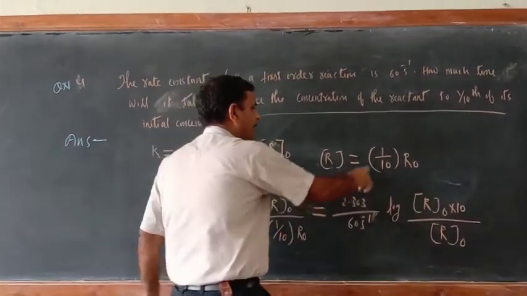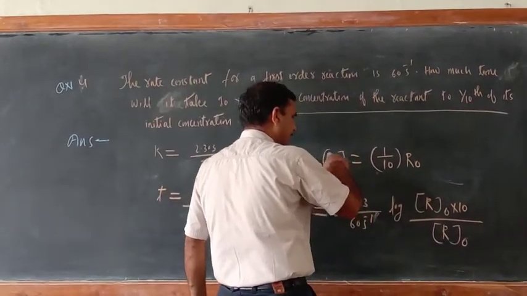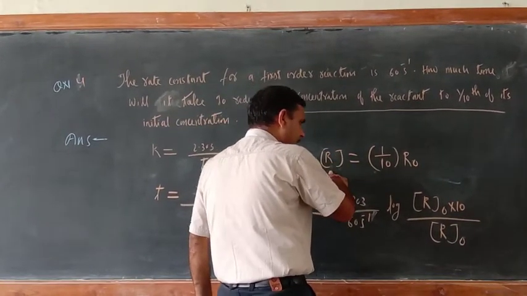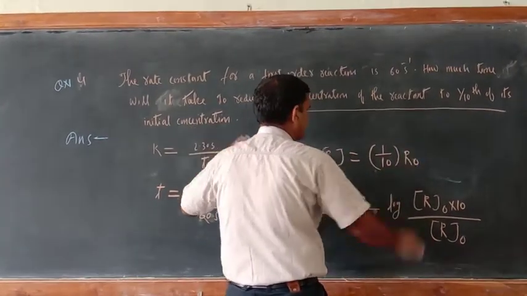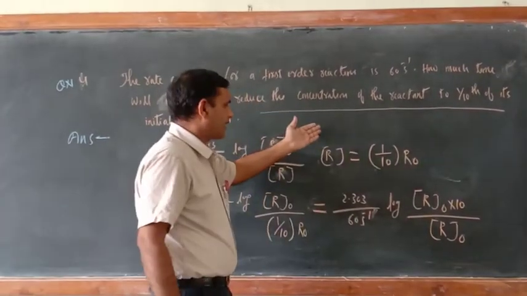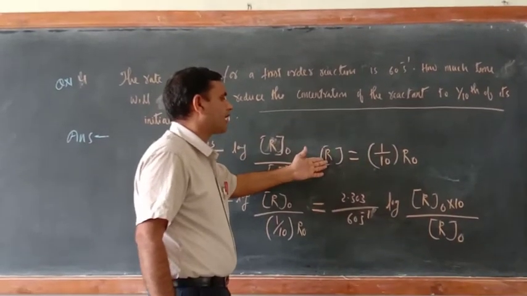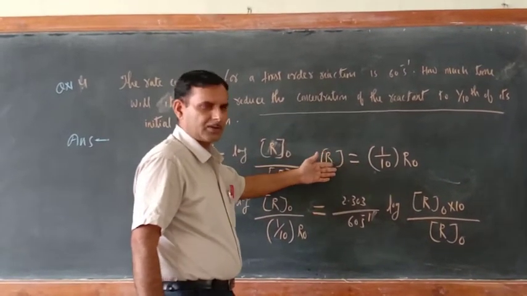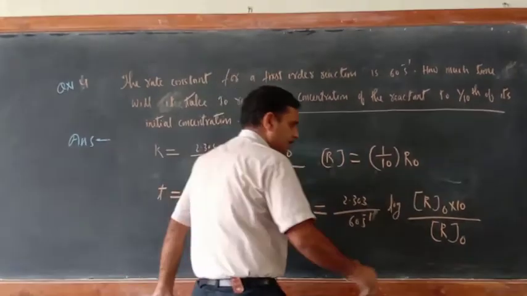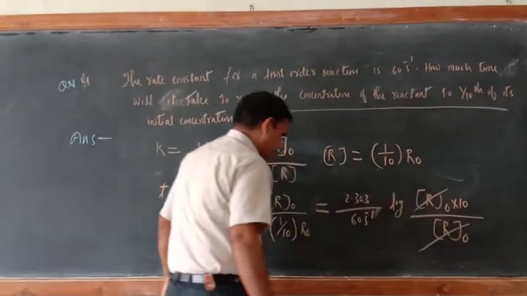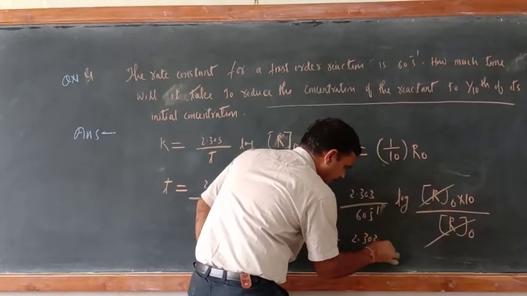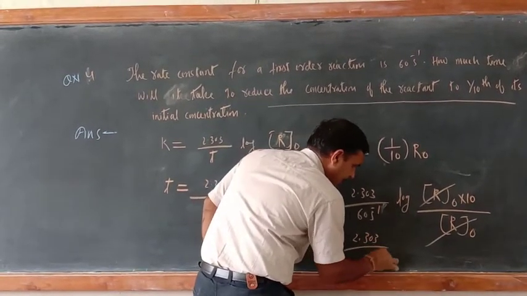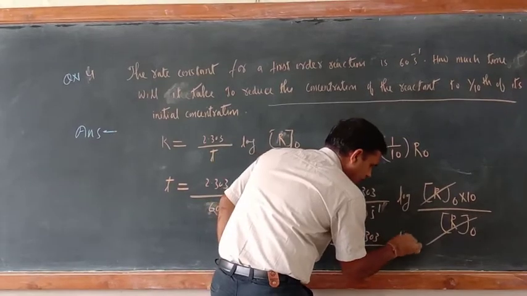Now this R0 will cancel out. So the value is 2.303 divided by 60 second inverse into log 10.